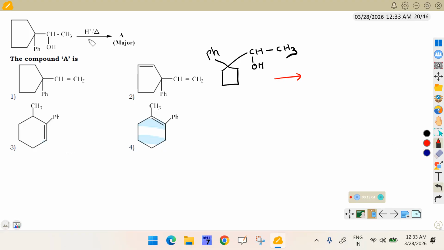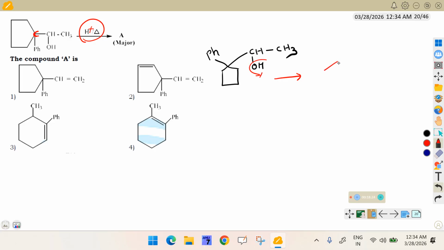Alcohol reacts with H plus and heat. That means nothing but a dehydration process takes place. The alcohol's adjacent carbon is a quaternary carbon, directly attached to 4 other carbons. So that is a quaternary carbon. First of all, remove OH minus ion.